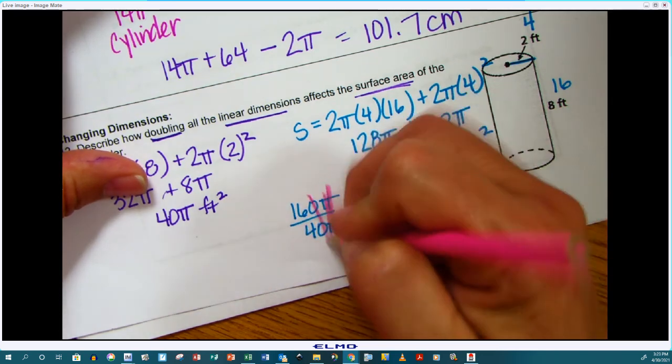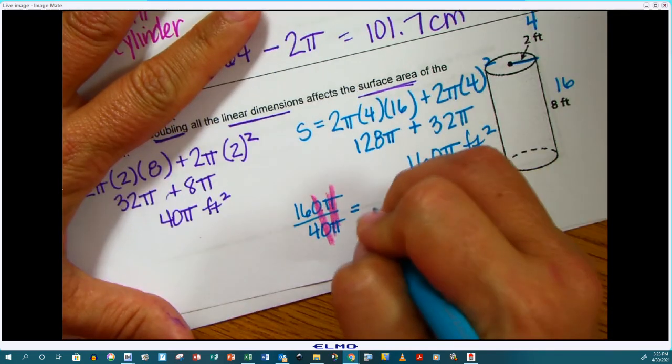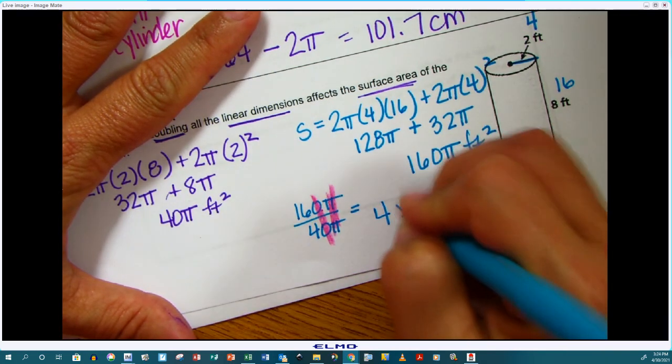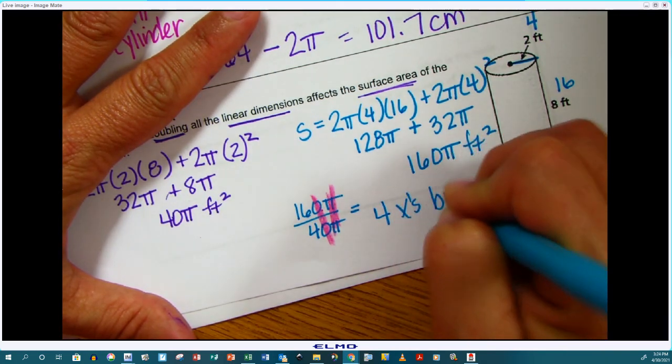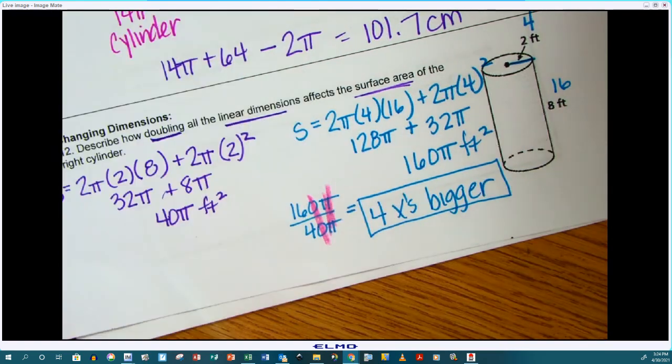So 160 divided by 40, the zeros cancel, and 16 divided by 4 is 4. So it's 4 times bigger. So it is 4 times bigger. So if you double the dimensions, you quadruple the area. Okay?